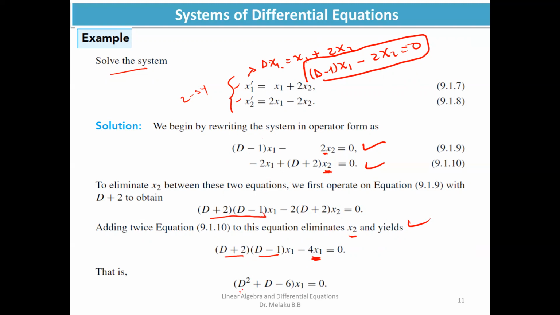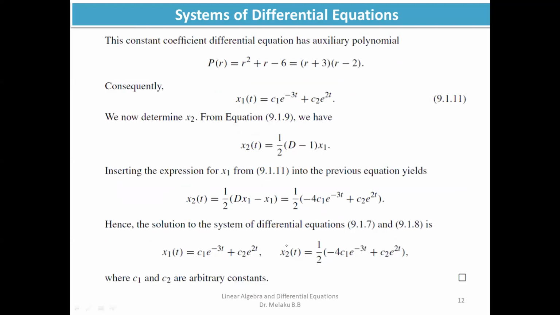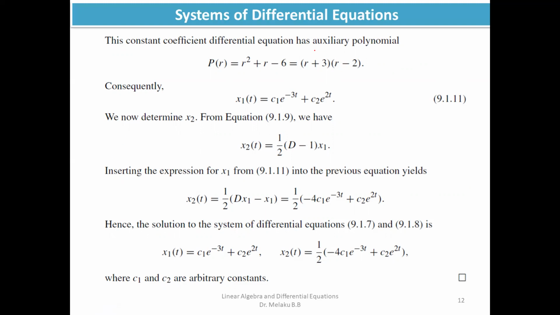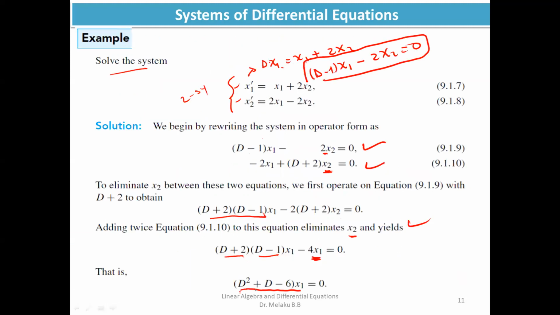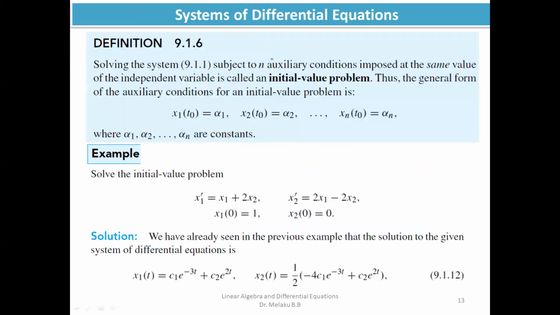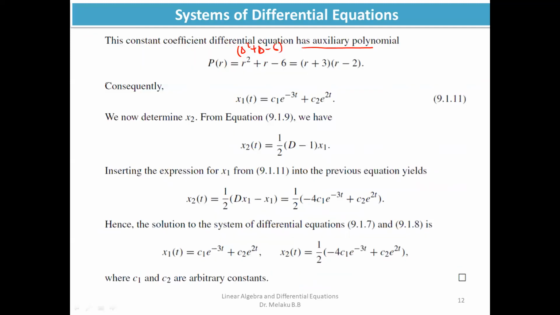Once we obtain this, just remember in chapter 8 that we have seen it is now possible to use the auxiliary polynomial. Now the auxiliary polynomial is what? We have D squared plus D minus 6 times x1.